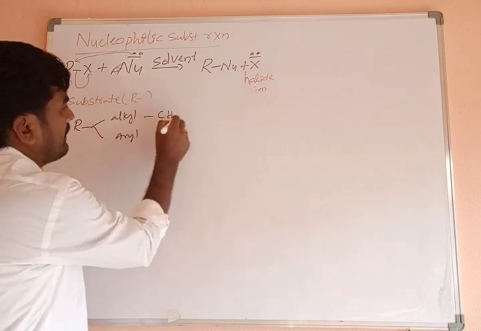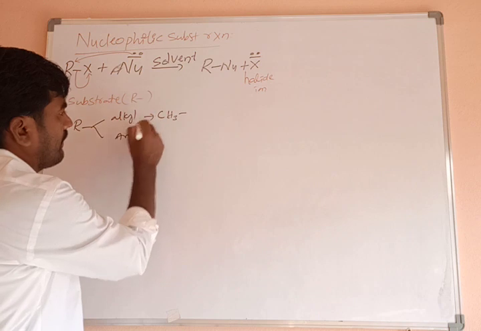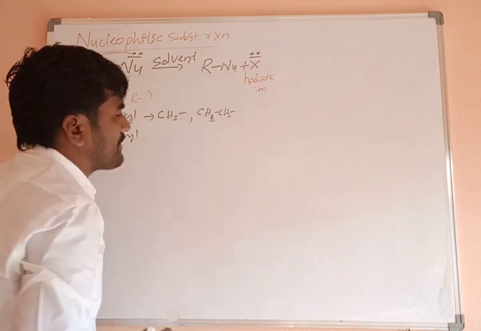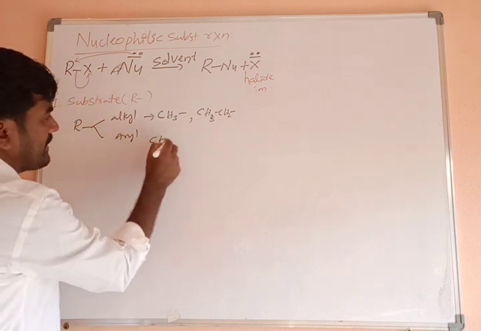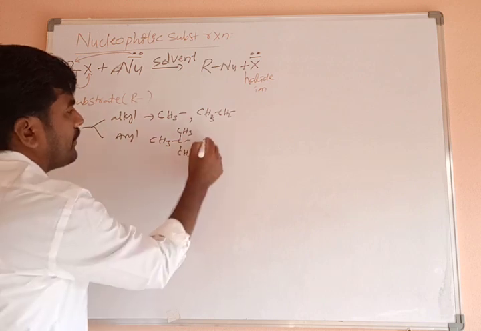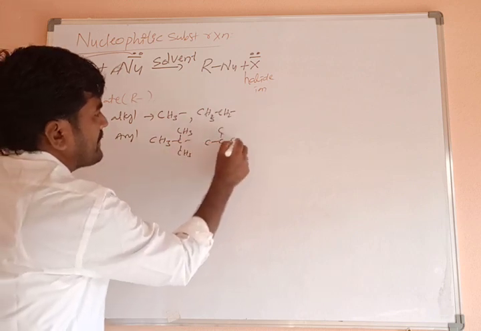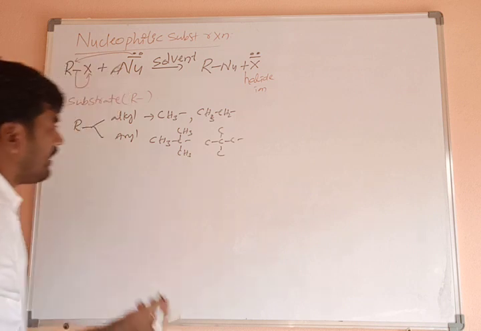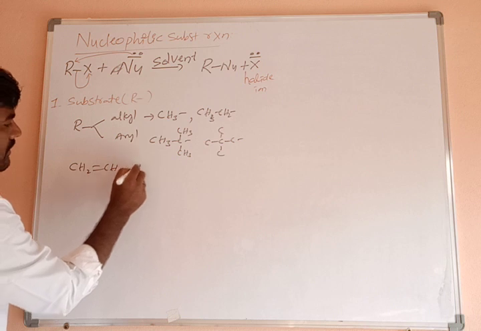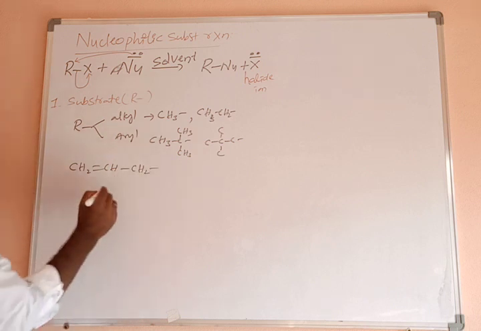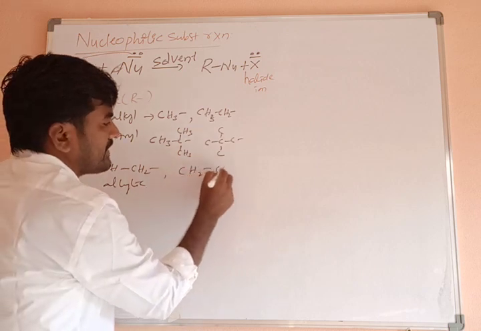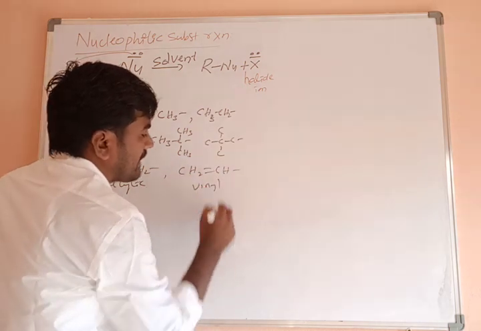It may be CH3, or CH3CH2, which means a primary substrate, or a tertiary substrate, or a neopentyl substrate, or allylic, or vinylic. This is an allylic substrate, and vinylic means CH2 double bond CH single bond. This is a vinylic substrate.